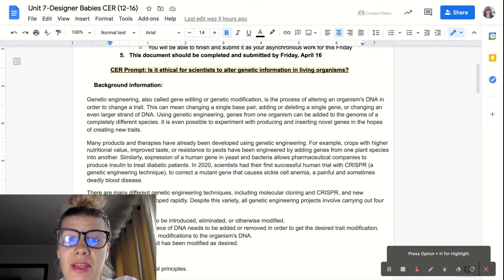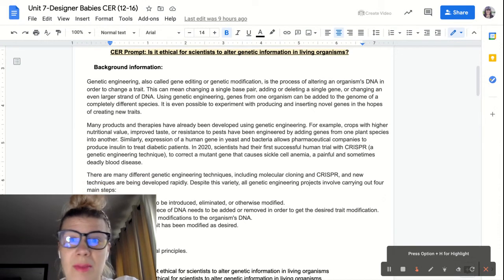Using genetic engineering, genes from one organism can be added to the genome of a completely different species. It is even possible to experiment with producing and inserting novel or new genes in hopes of creating new traits. Okay, so that just talks about how we can change those. Remember, when we talk about base pairs, we're talking about those A, T, C, Gs in DNA.